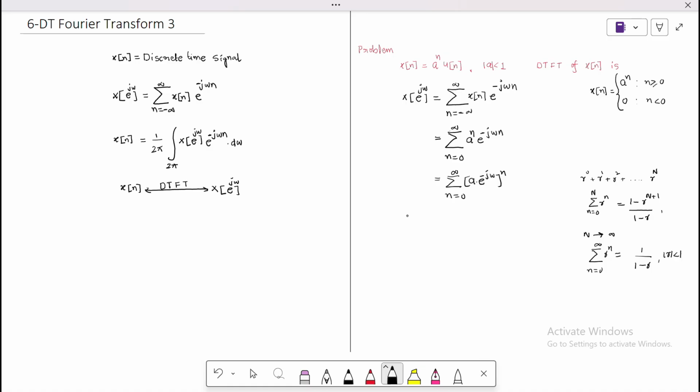For that condition, directly here I'm writing that X of e power j omega is equal to 1 by 1 minus that r value, a into e power minus j omega. So this is the case.